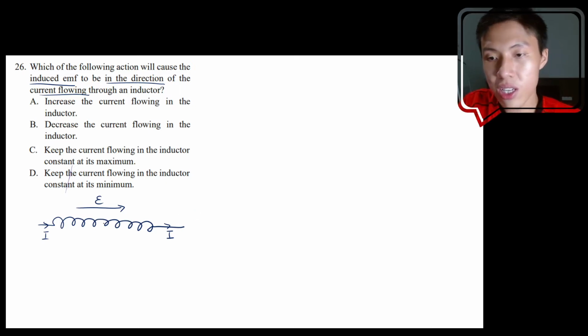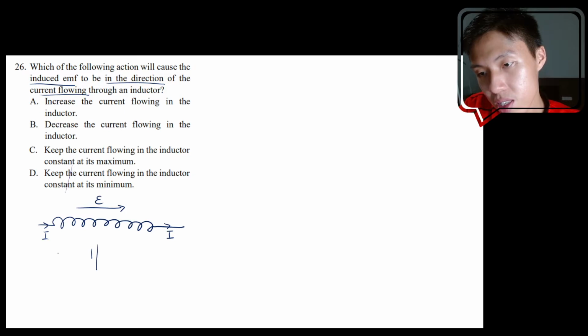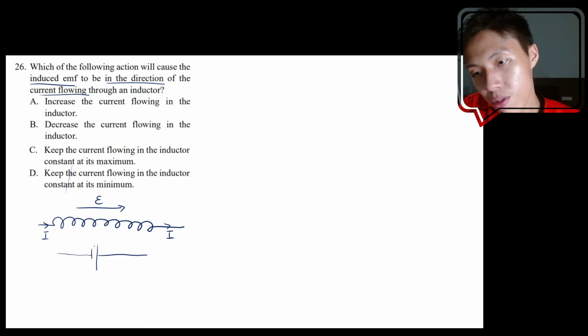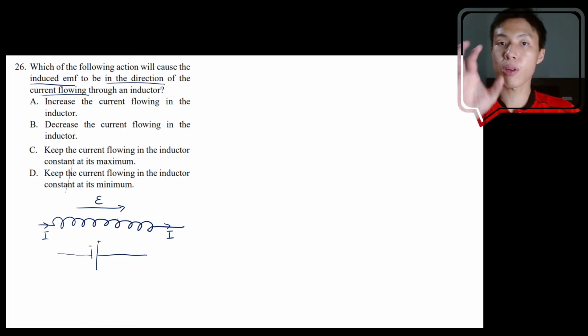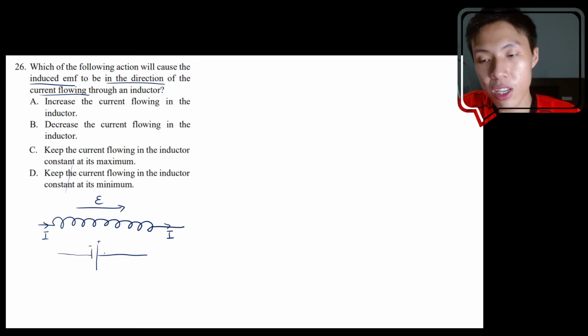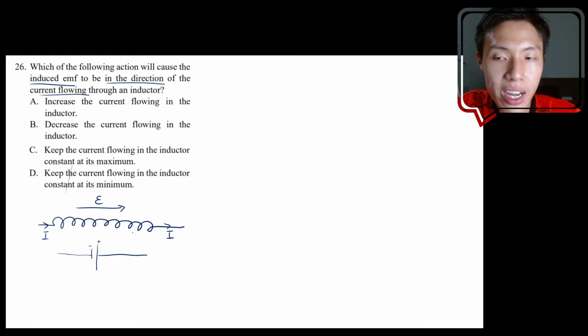It is as if you change it to a battery that pumps from negative to positive, right? A battery always wants to pump from negative to positive. So under what kind of situation will your EMF be pointing in this direction?